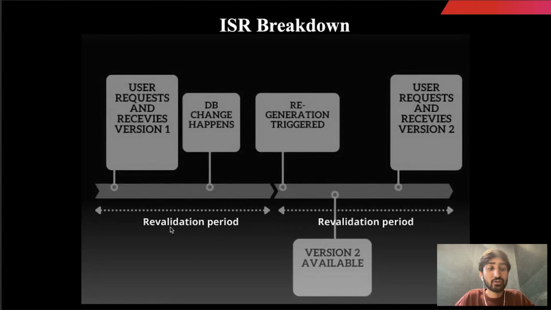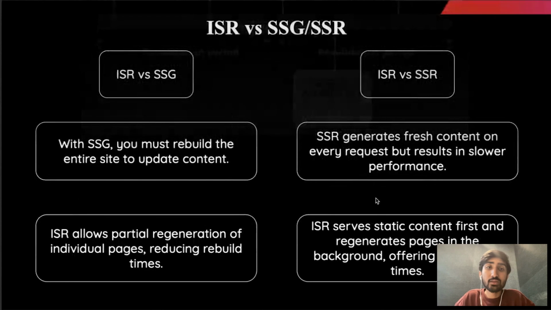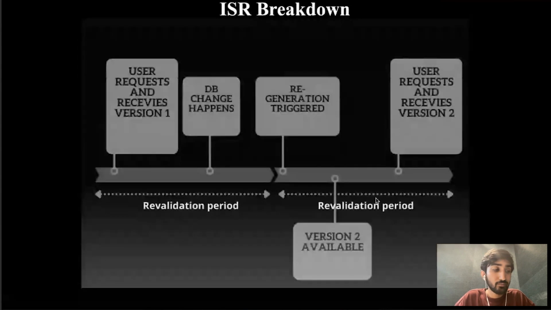Then after the revalidation period has expired, we get the new available data. When the user requests, we get the new version. Then again the revalidation expires, it will check again and we'll get the data. But during this phase we'll get the stale data only. That's how ISR usually works to get the data and increase performance.